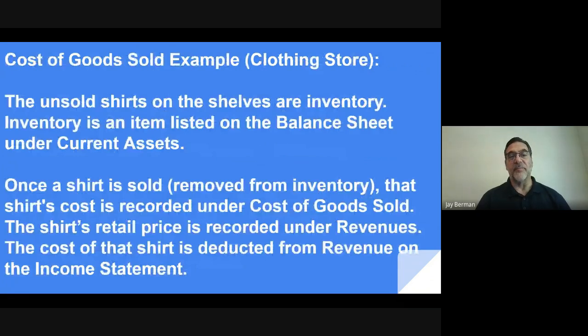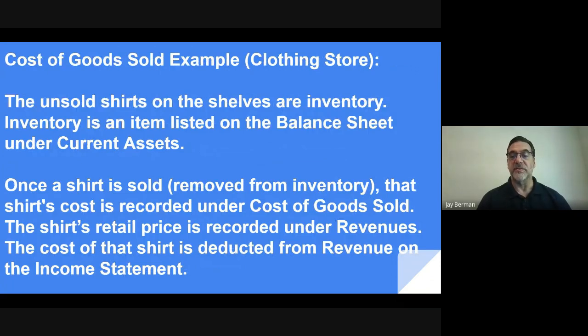So here's an example of cost of goods sold. Let's say you own a clothing store. The unsold shirts on the shelves are called inventory. And inventory is an item listed on the balance sheet under current assets. In future videos, I will discuss what a balance sheet is and what a current asset is.